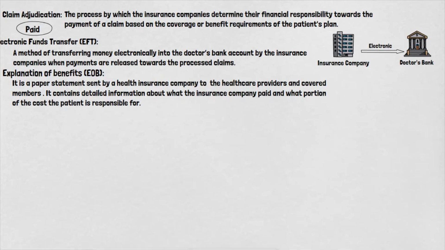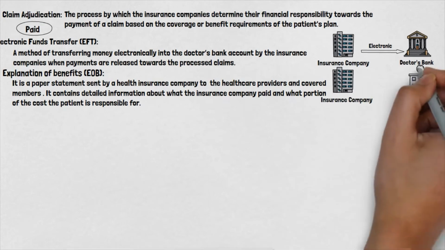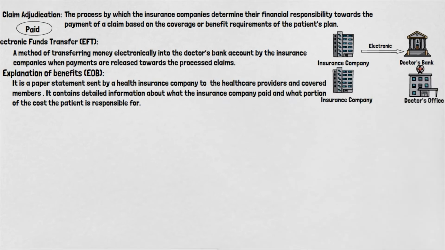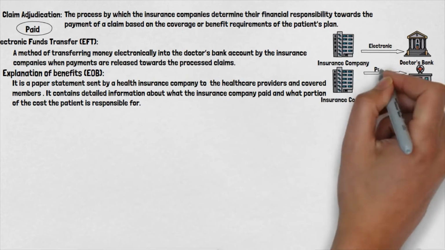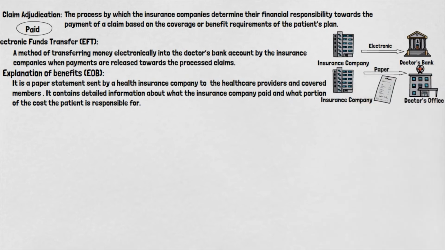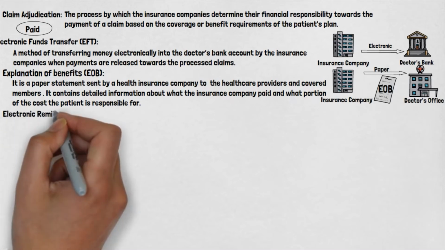Now think of it like the credit card statements that we receive by post, which provides details like when you visited the doctor, what is the dollar amount that the doctor billed to the insurance company, and how much the insurance company paid to the doctor, and how much you must pay towards the patient cost share, things like copay, co-insurance and deductible.